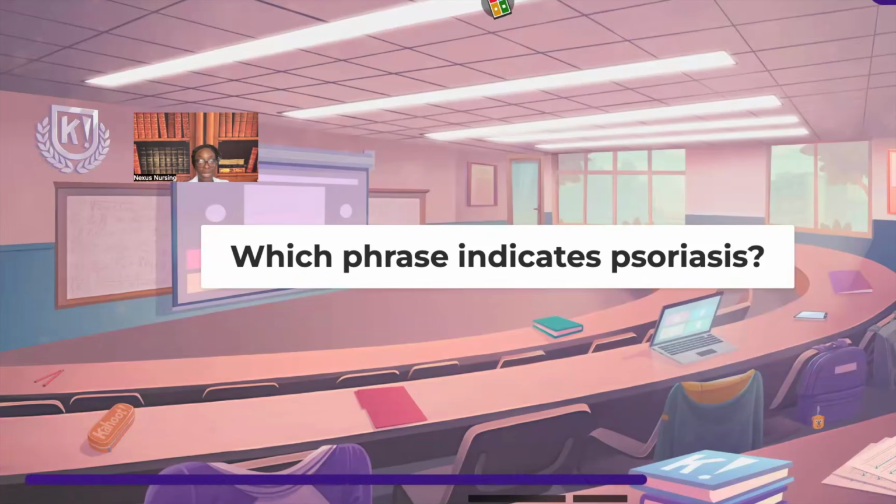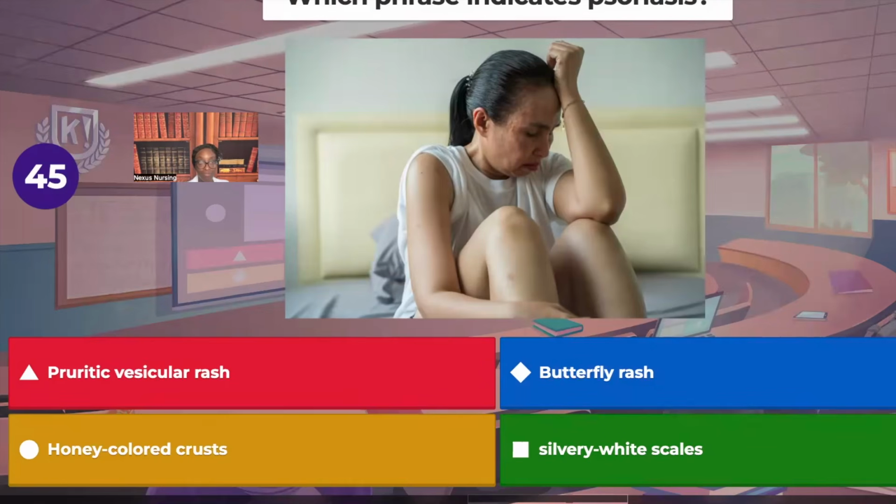Which phrase indicates psoriasis? Pruritic vesicular rash, butterfly rash, honey colored crust, or silvery white scales. By the way, each of these four phrases that I put, you need to know them. I just happen to be asking about psoriasis, but you better know those other options as well. What phrase here, the minute you see it, your mind needs to go to psoriasis?